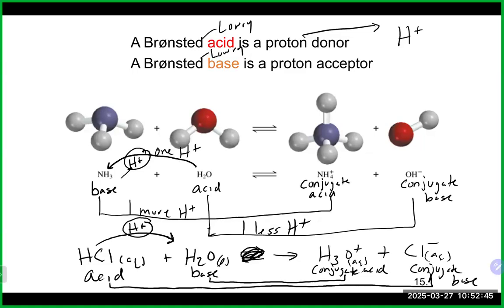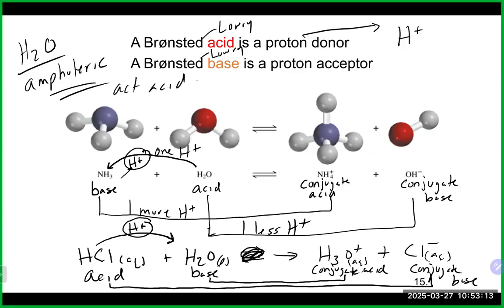This also brings up a pretty interesting idea, as you can see in these two examples. Our friend water in one case acted as an acid, and in the other case acted as a base. There are substances that can do both things. In certain situations, it can act as an acid, and in certain situations, it can act as a base. Those are known as amphoteric substances. They can act either as an acid or a base, depending on the situation.